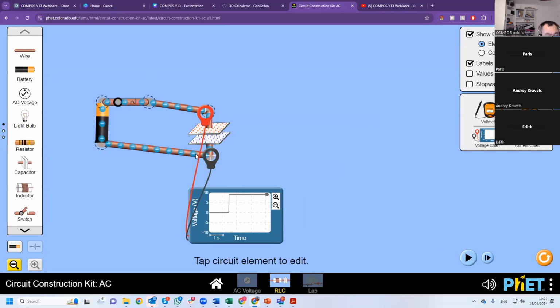It steps up instantly because the wires have very low inductance.